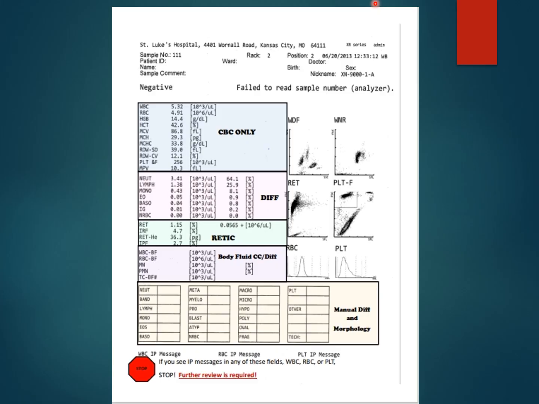We will do a methodology course on hematology analysis. So you'll see lots of things there, and you'll learn how to interpret this, and you'll understand the methodologies of the varying types of methods that we use, including flow cytometry, fluorescence, and impedance.